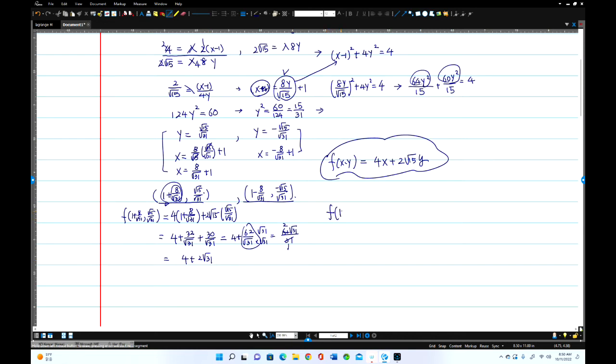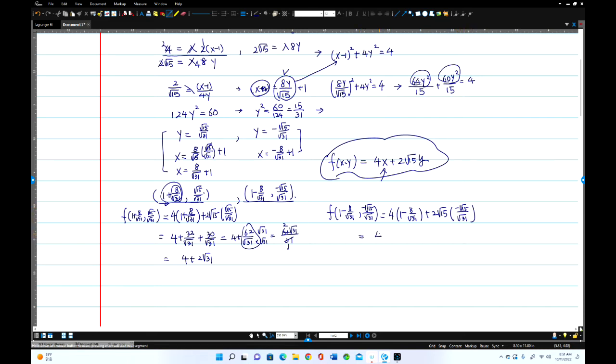F of 1 minus 8 over square root 31 and negative 15 over square root 31. How much is this one? 4 times 1 minus 8 over square root 31, and plus 2 root 15 times negative 15 over 31 again.